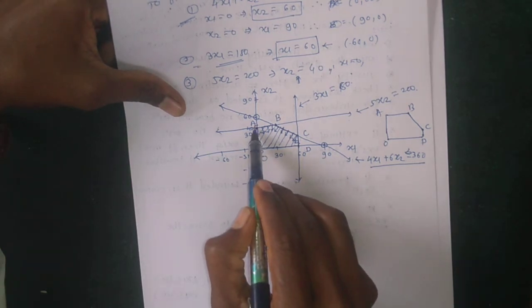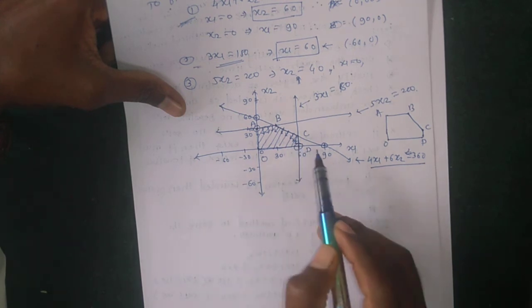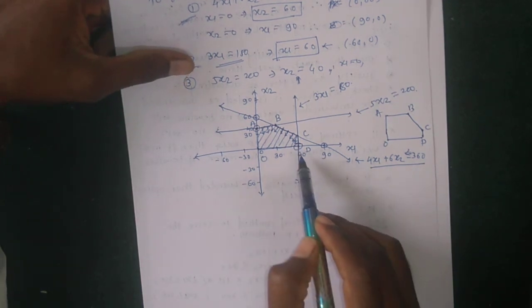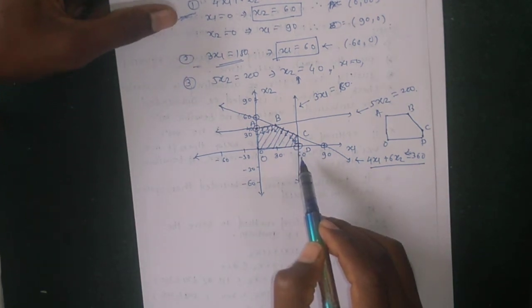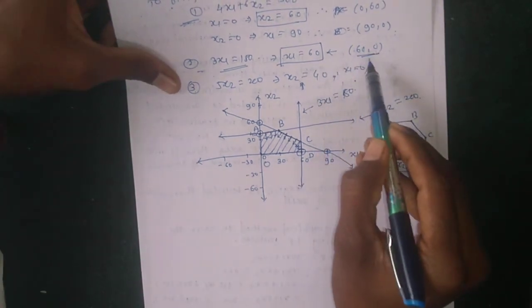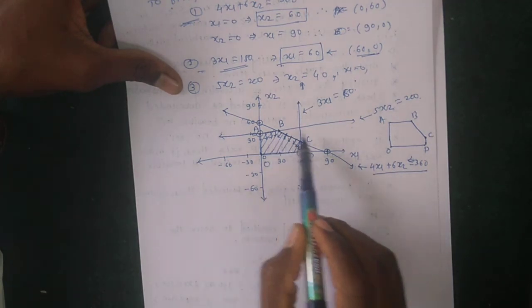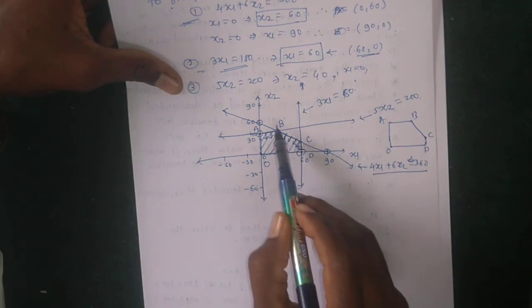The D point is (60, 0). Then the remaining points are only B and C.